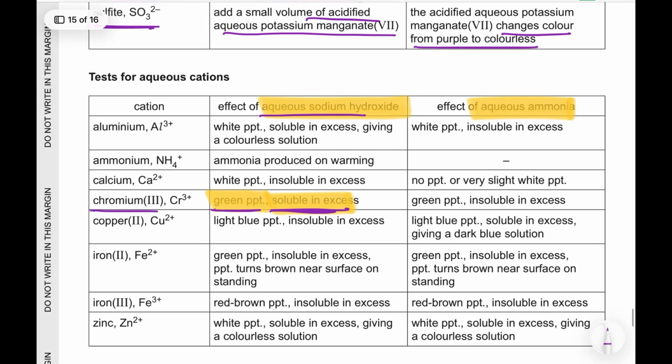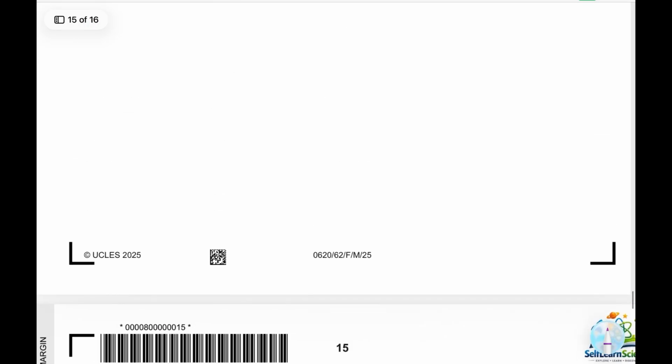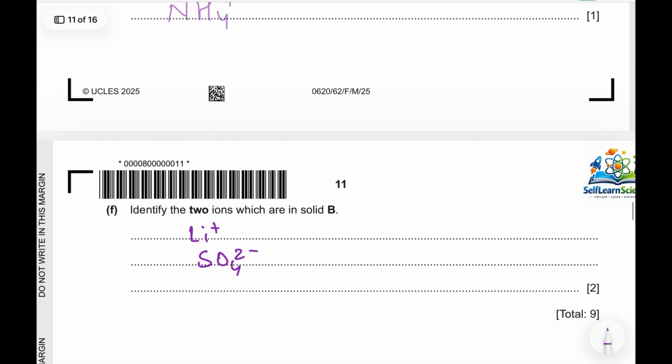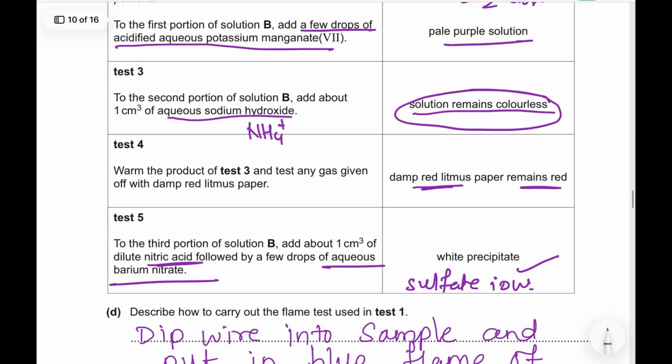But in the case of ammonium ions, once we add sodium hydroxide, we have to warm it and it is going to produce ammonia. So directly there is no precipitate or no observation that we can see. So when sodium hydroxide is added, the solution remains colorless. So here ammonium ions are being tested.